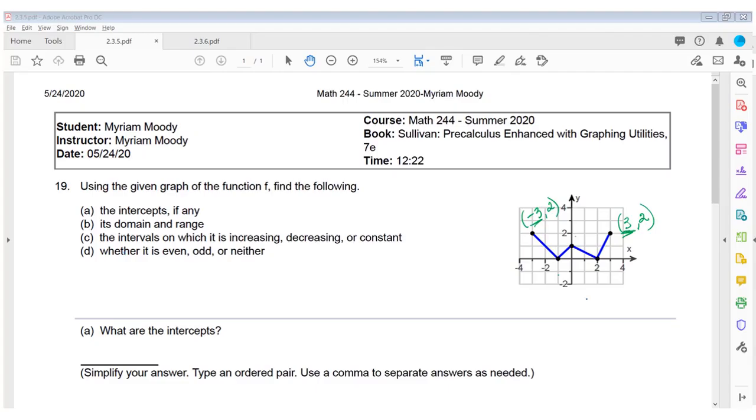Okay, let's look at the range. For the range, we come in from the bottom, because we always read from the smallest to the largest. So it looks like this graph bottoms out right here. And we already decided this was the point (-1, 0), and this was the point (2, 0). So regardless of which point we look at, the y starts at 0, doesn't it?